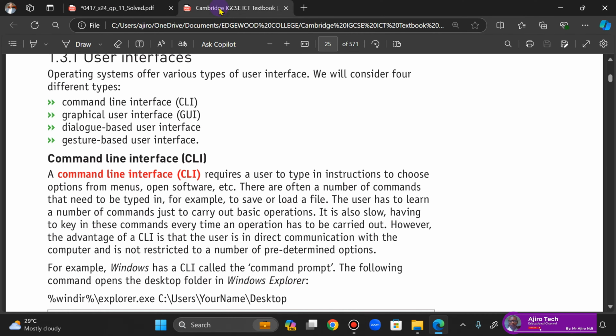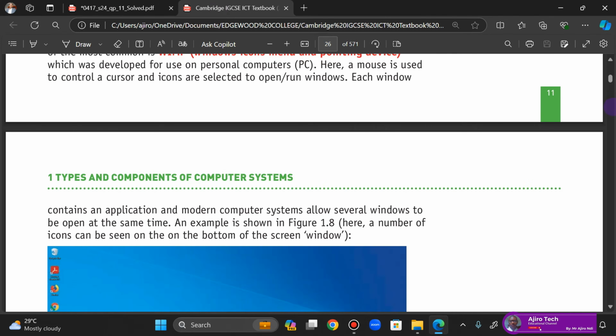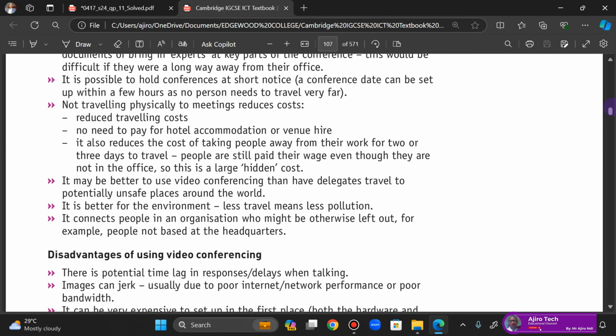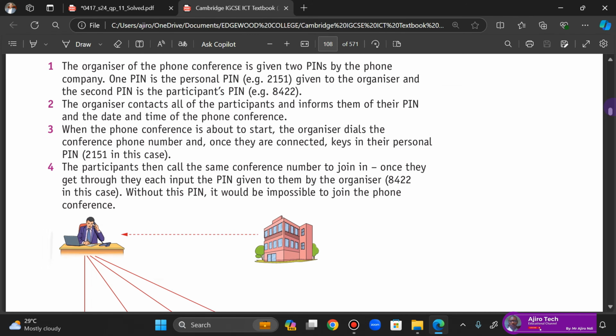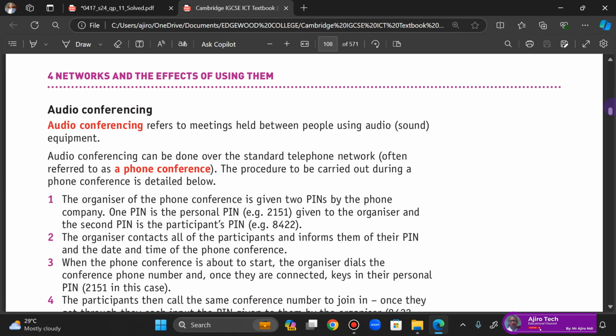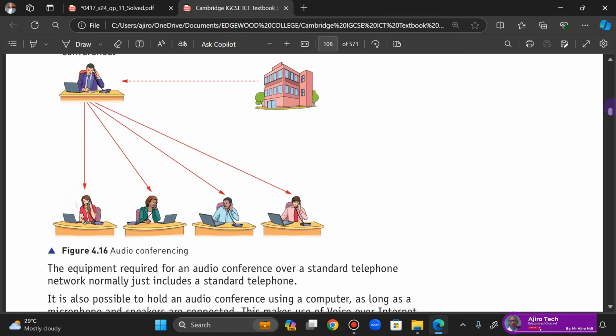Now, chapter 4. The whole idea for audio conferencing is we have conferences that are held using audio only, in such a way that the organizer will obtain 2 pins, one for starting the meeting and the other for the participants to join in.